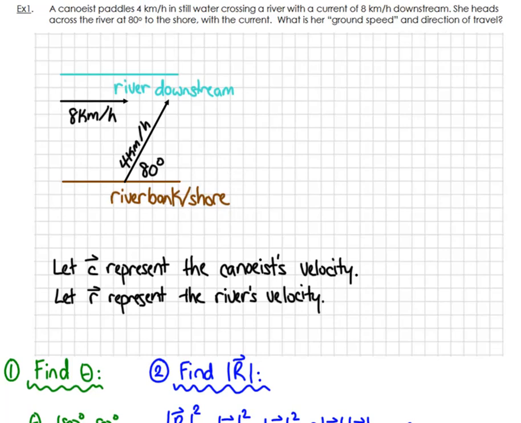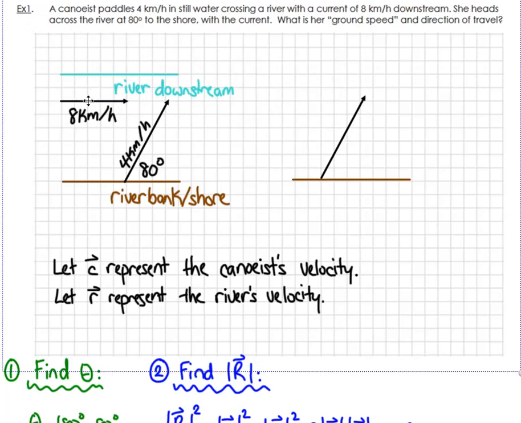So let me just see if I can understand what's going on. Okay, let's take the ground and we will redraw it over here. If she's going in this particular direction without a current, well, then the current will probably push her down farther.